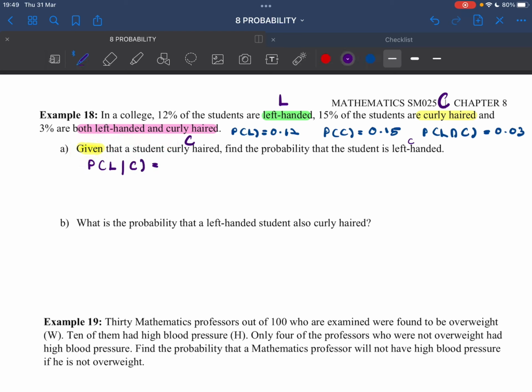So just use the formula, P(L intersect C) over P(C), what's in the back. We substitute: 0.03 over P(C), which is 0.15, equals 0.2.